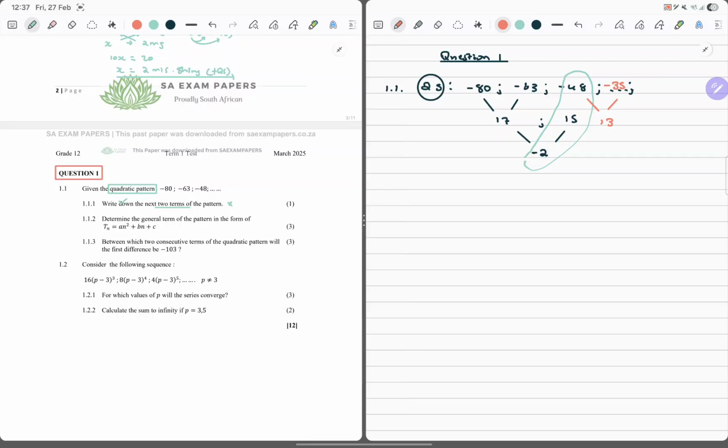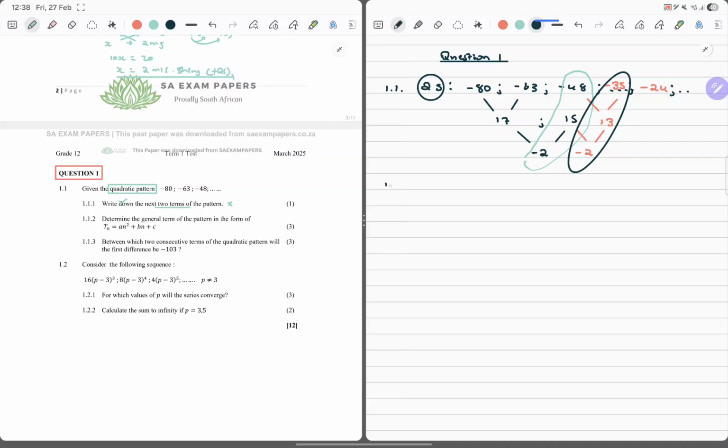And of course between these two we're going to have minus 2. We can do the same thing, add this up, and when we do that we have 13 minus 2, that's 11. 11 minus 35 is going to give us minus 24. And the sequence continues.